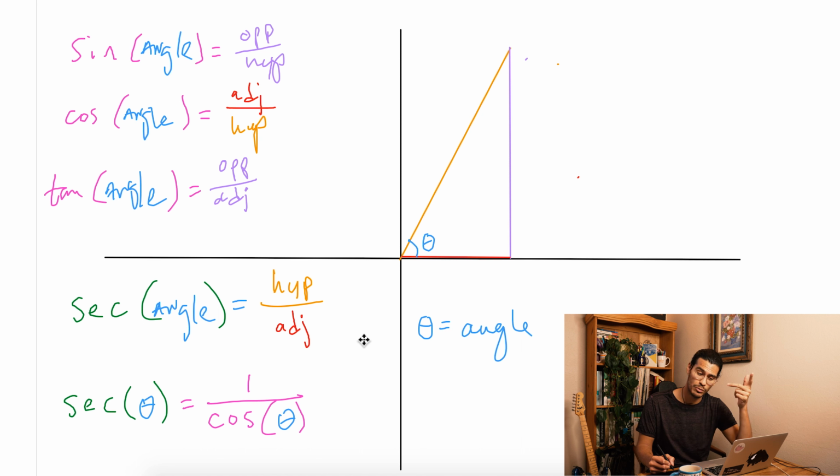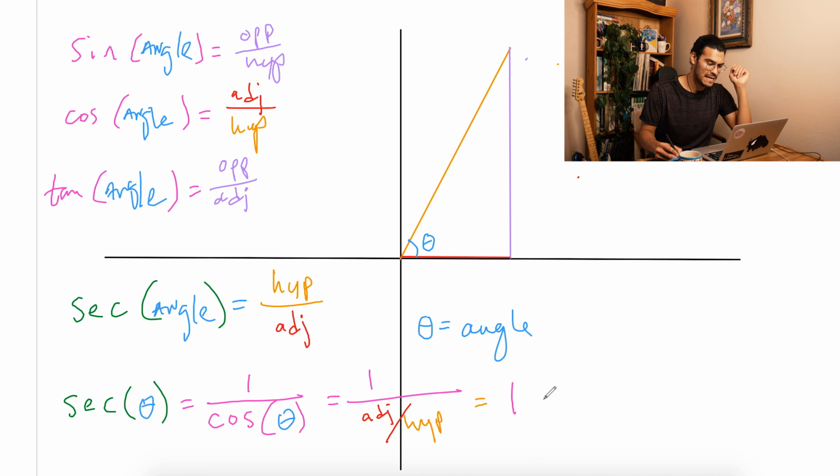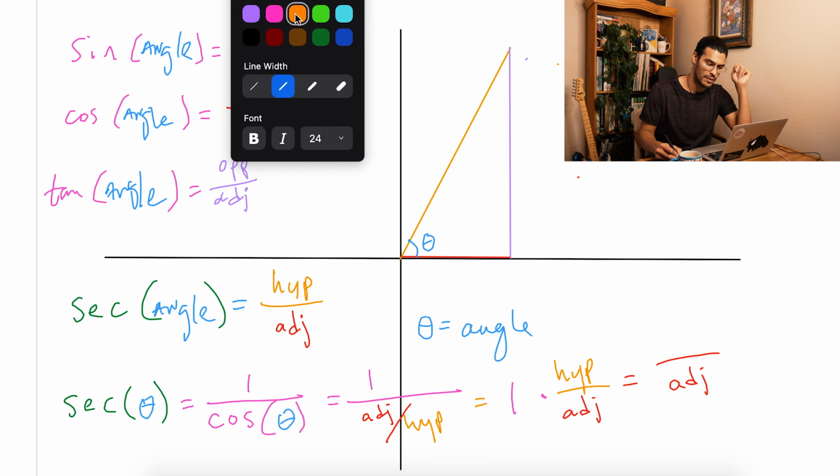You turn it into a reciprocal. This is like saying 1 over adjacent over hypotenuse. And maybe you've learned in the past that when you divide by a fraction, it's like multiplying by the reciprocal. So we end up with just the reciprocal.